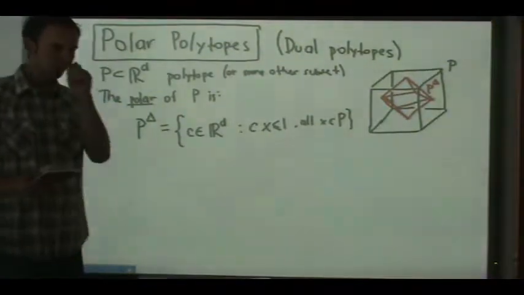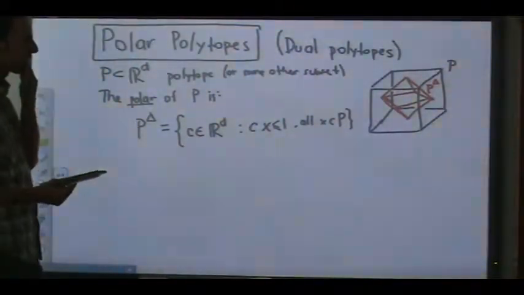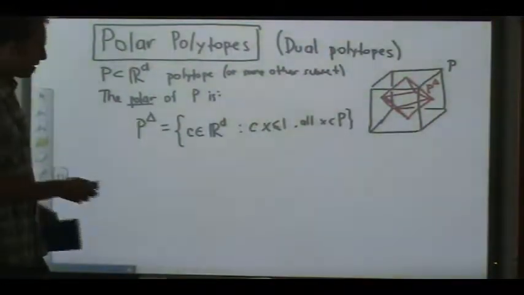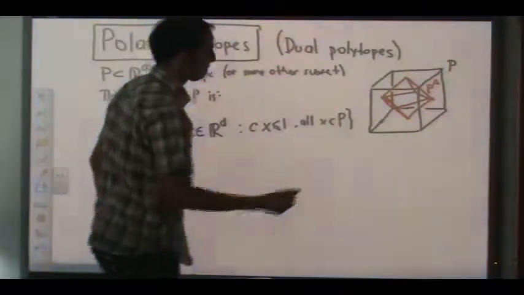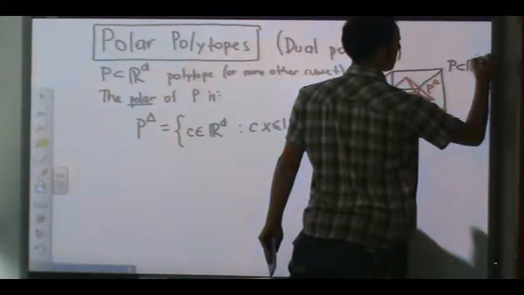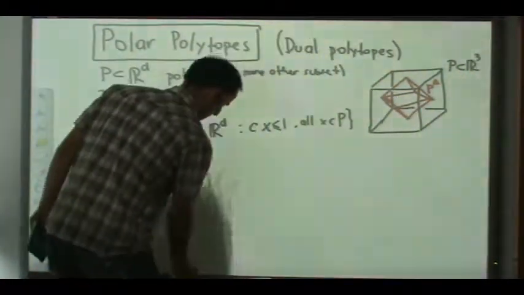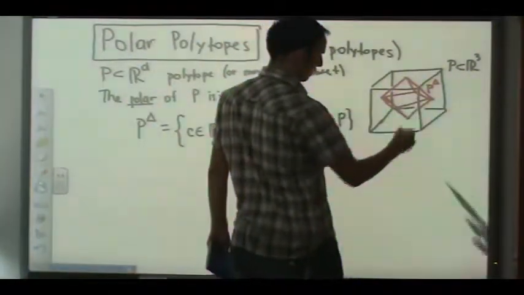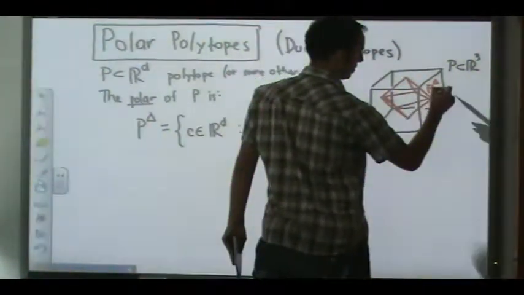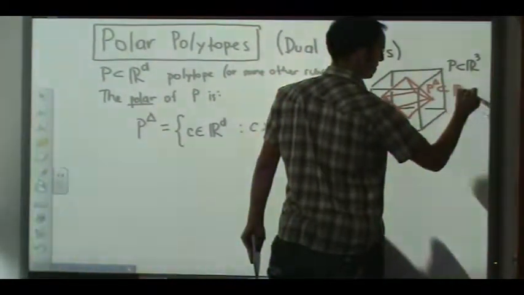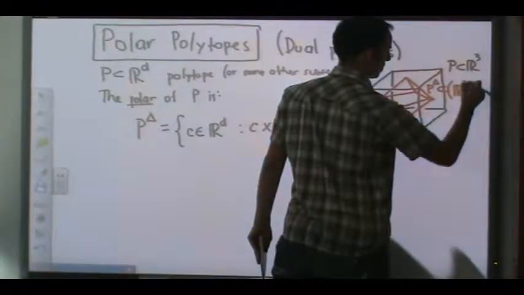This is a subtle point, but it's an important one as you go into this later. Really, P lives in R^3, and this red polytope really lives in a different space, which is actually the dual space.